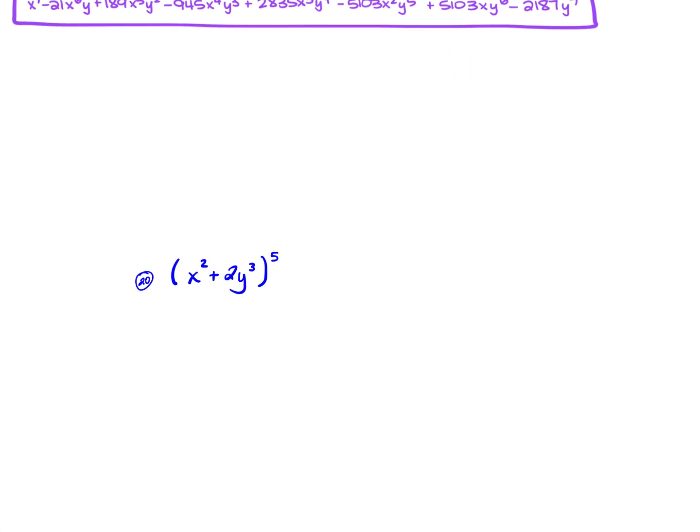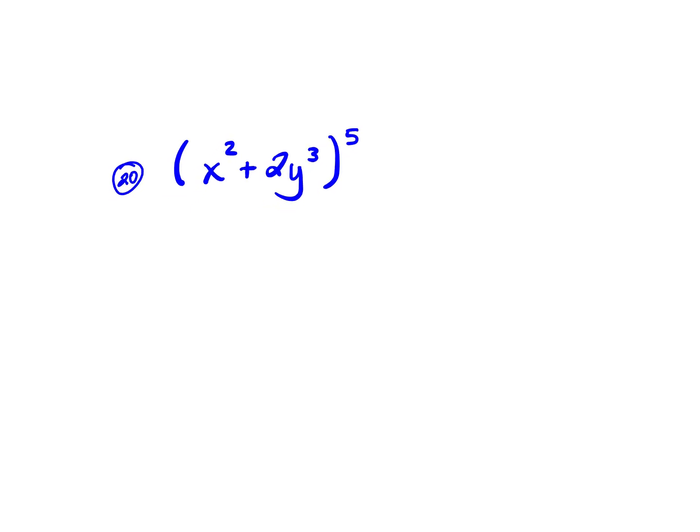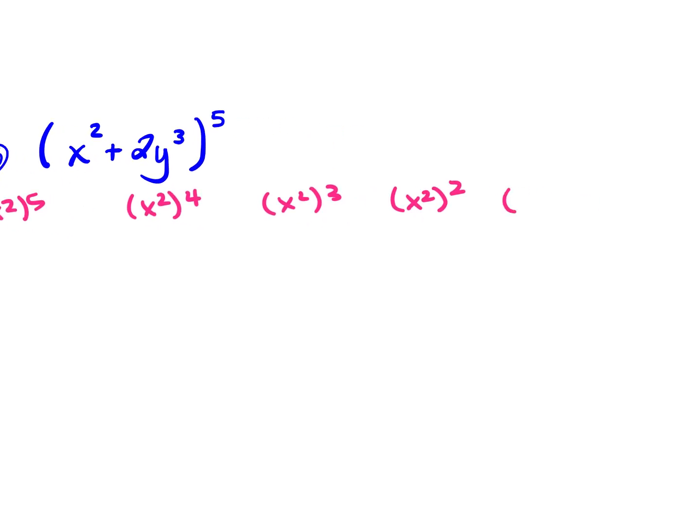From here, for number 20, you have x squared plus 2y cubed to the 5th power. So we're going to start with the x squared to the 5th power. Then we have x squared to the 4th, x squared to the 3rd, x squared to the 2nd, x squared to the 1st, and x squared to the power of 0.